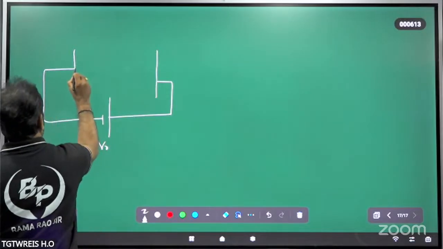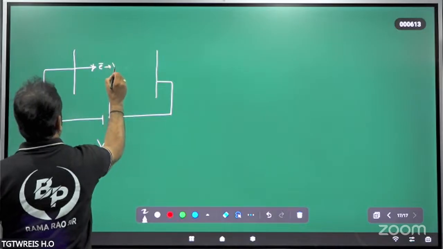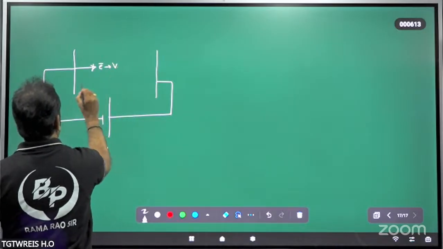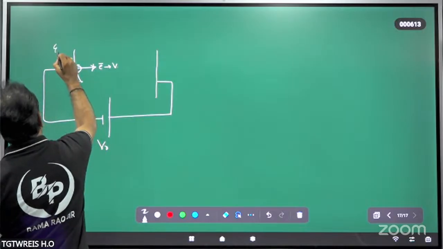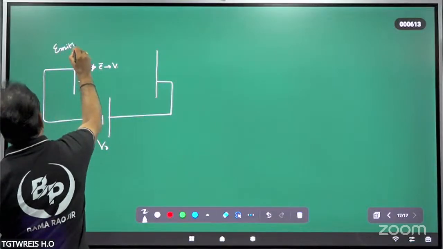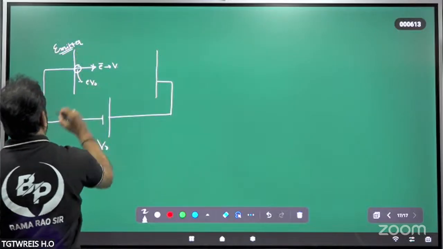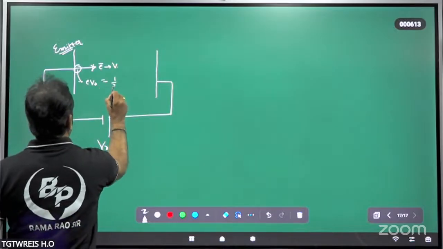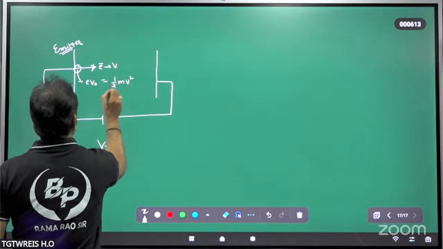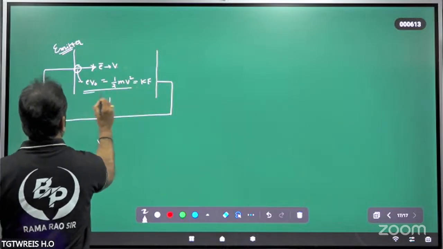When the electron is ejected with the maximum kinetic energy or maximum velocity v, before emitting from the cathode the electron has an electrostatic potential energy eV naught. eV naught is equal to half mv square, that is equal to the kinetic energy, already known.